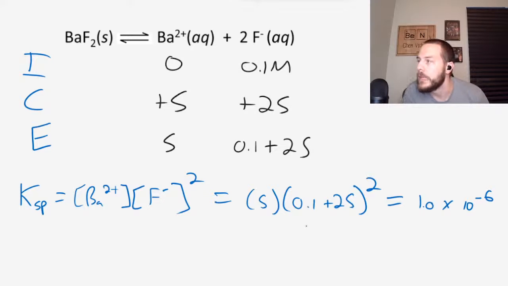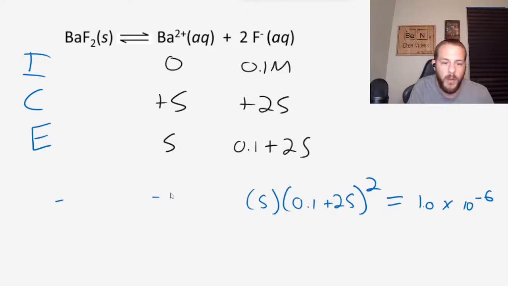This looks like a pretty complicated equation, but we can apply the x is small approximation to this problem to make the equation much easier to solve. So again, in this case, the s is small approximation. What we're basically saying is that this value of s is very, very small, and so 2 times the value of s is also very, very small compared to the number that we're adding it to.